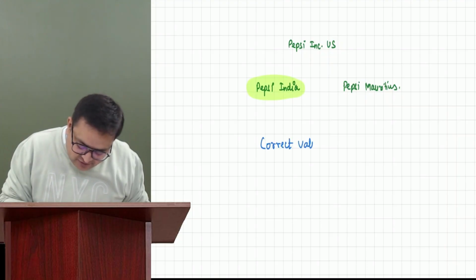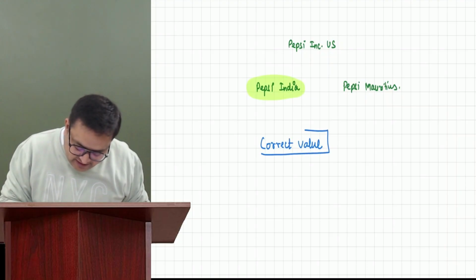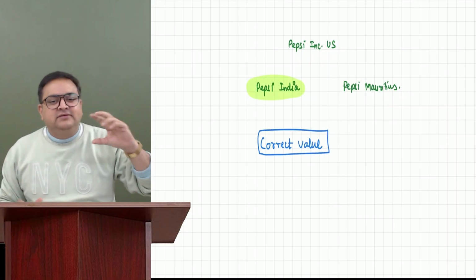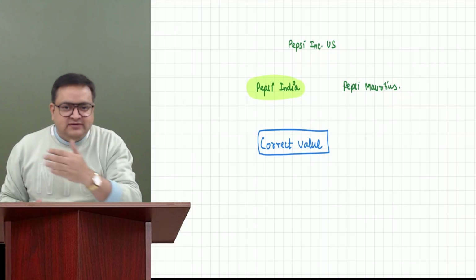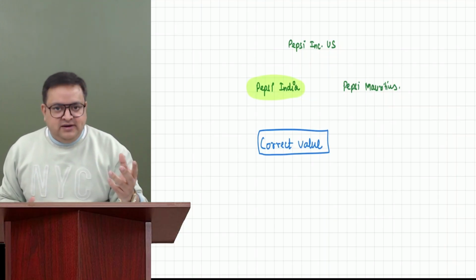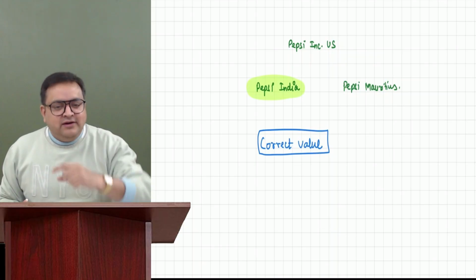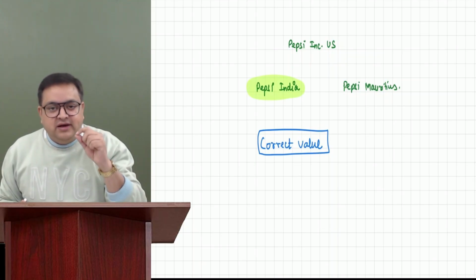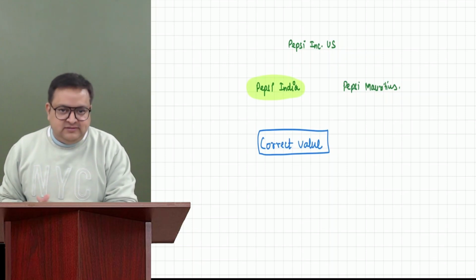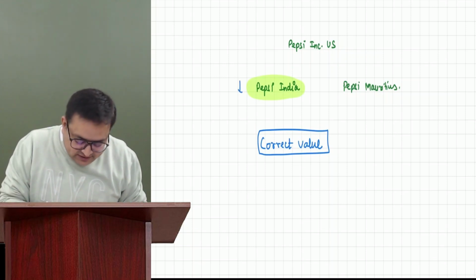See, if the transaction would be happening at the correct value, then everybody's okay. There is no tax evasion. Everything is good enough, so we are not concerned. But the problem here is that if the transaction is not happening at the correct value, and because of that the country is losing its taxes, specifically India is losing the taxes.